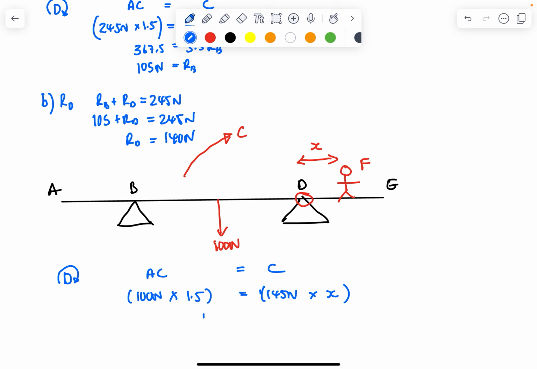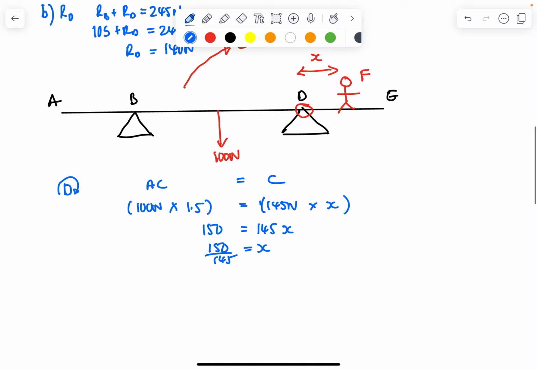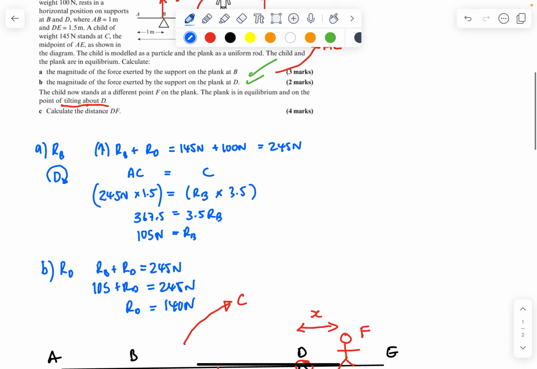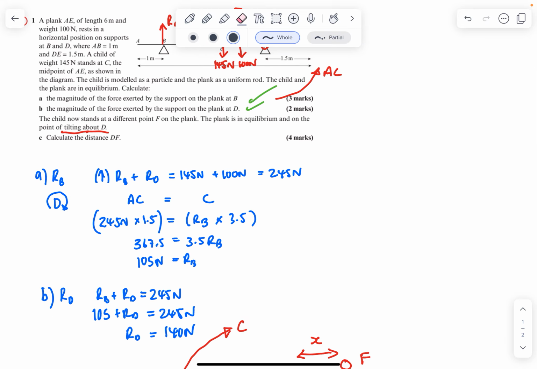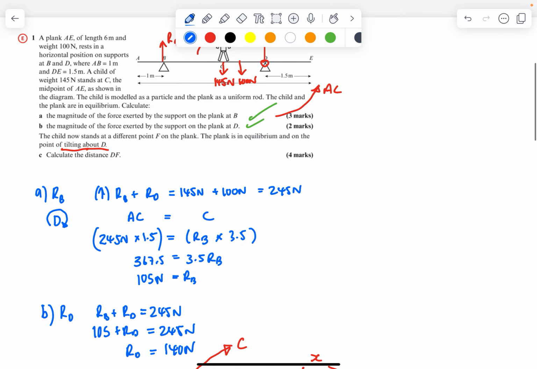So that means I've got 150 equals 145x. So x equals 150 over 145, which means that x is about 1.03 meters away from D. And that is part C taken care of.